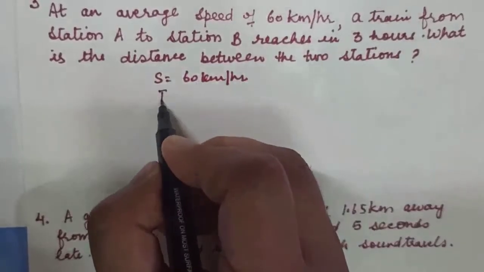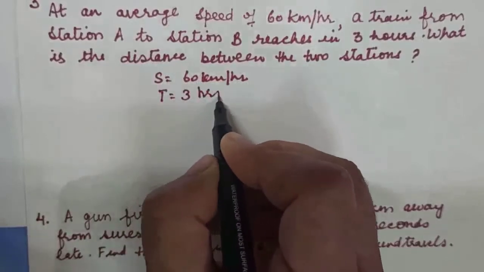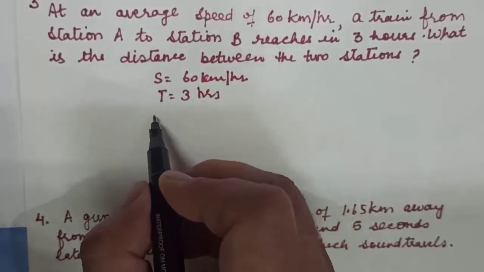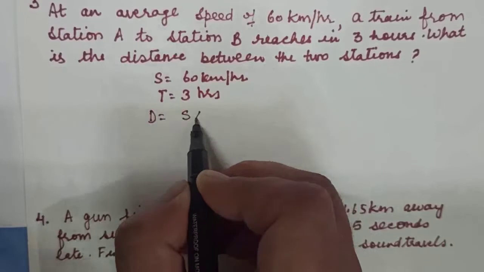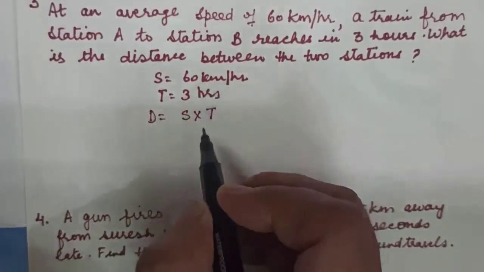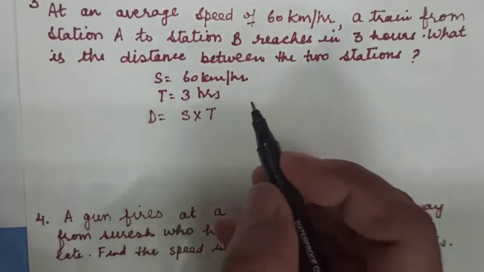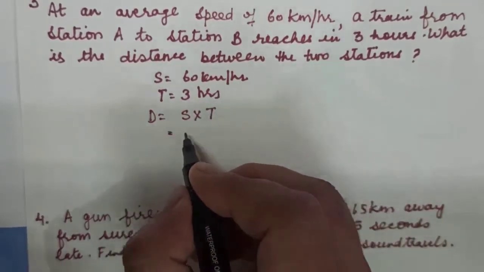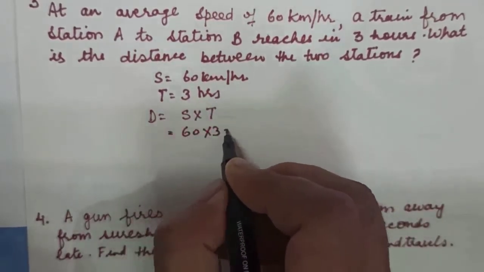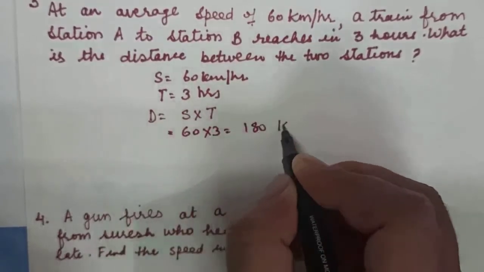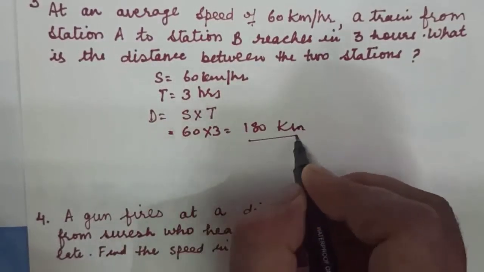Time is given, 3 hours. We know the formula of distance. Distance is equal to speed into time. Now we need not change any unit because speed is in kilometer per hour and time in hours. It means it is perfectly fine. So 60 into 3, 180 kilometer is your answer.